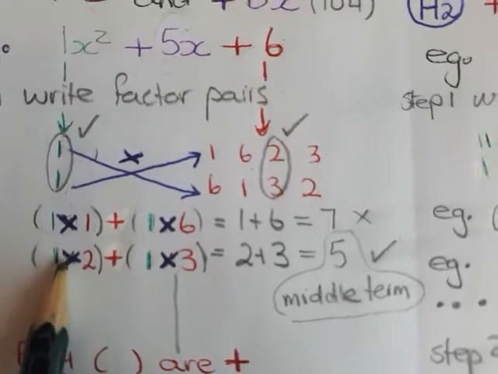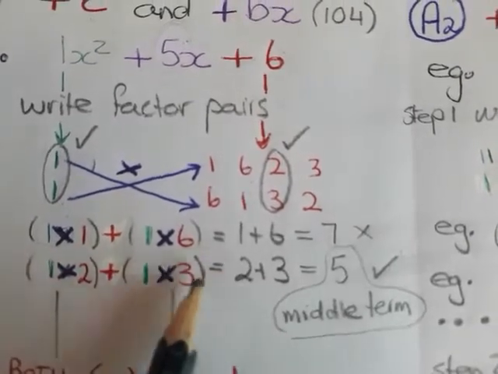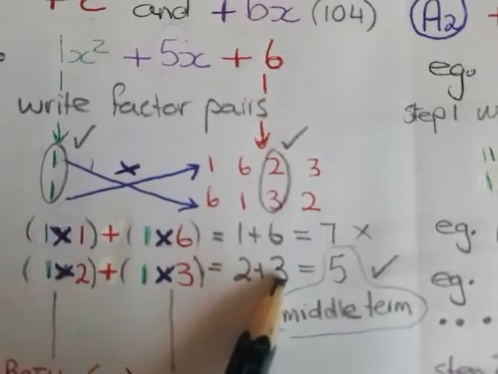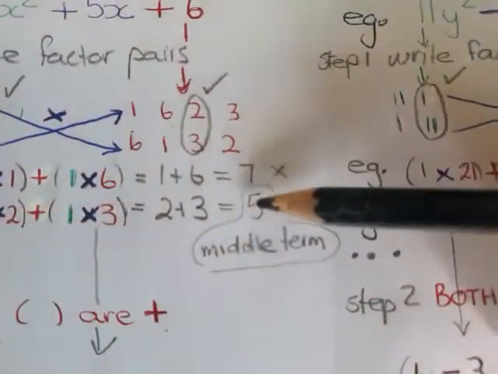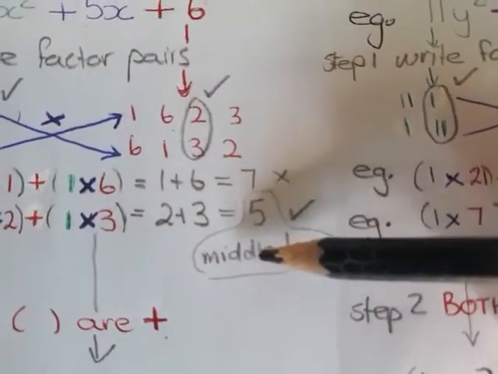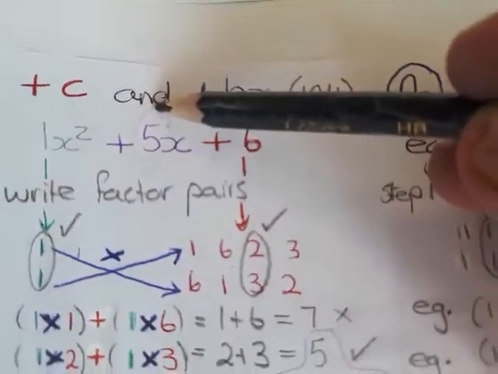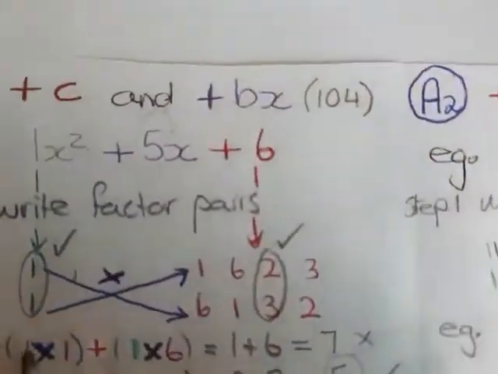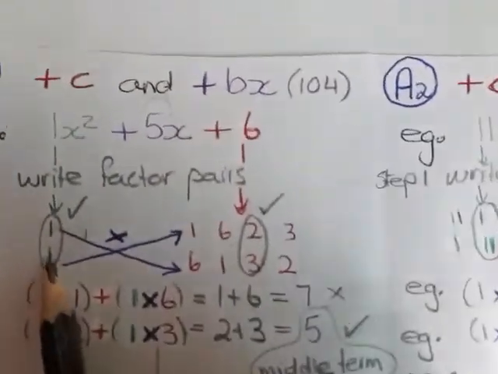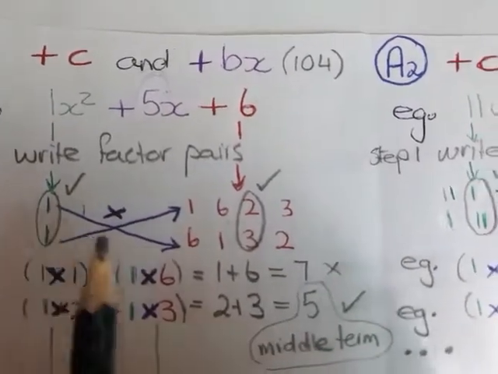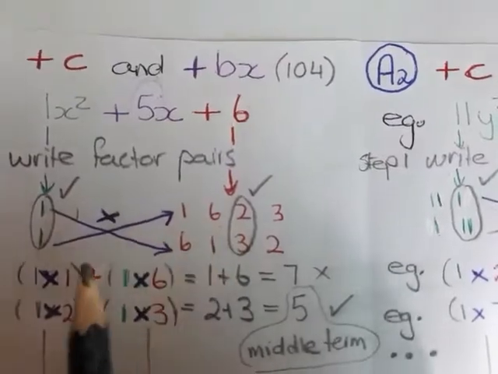And if you multiply this bracket, it gives me 2 plus the second bracket, which gives me 3, which gives me a 5. So this is my middle term. My middle term is 5. Okay, now really important. Circle the factor pairs which give you the correct sum. So this is that one, that's why I've circled that, and that one, that's why I've circled that.